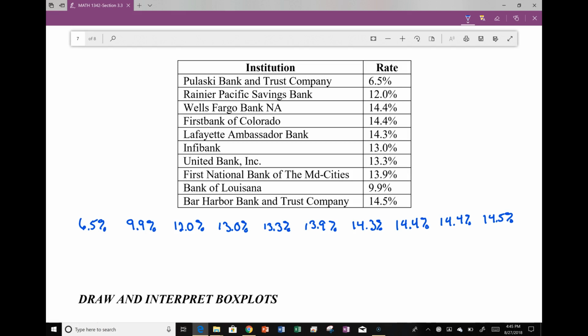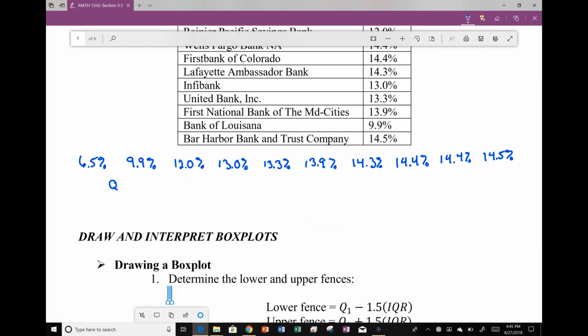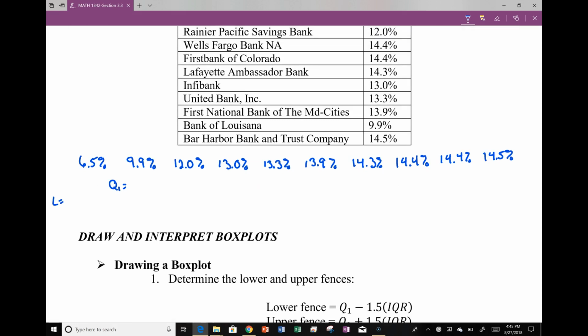Again, you can do this either way, but what I'm going to do is for my Q1, I'm going to calculate the location. So that is 0.25 times how many data values I have. I have 10 different credit card companies. So that gives me 2.5, which I round up to the 3rd position. The 3rd position is 12%.